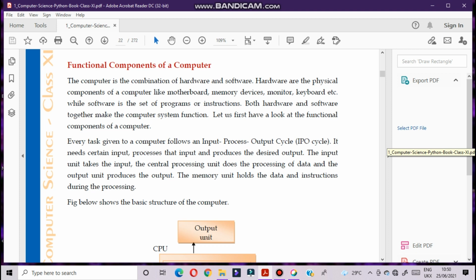One example of an output device is the monitor also. So the output unit produces the output, meaning result. The memory unit holds the data and instructions during the processing, meaning it keeps the data and the instructions given by the user during the processing.